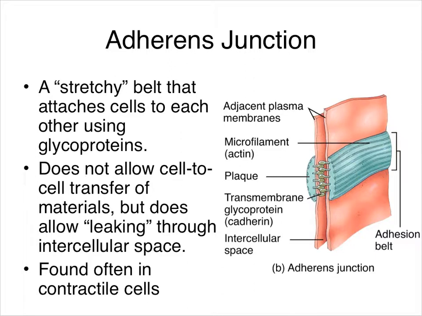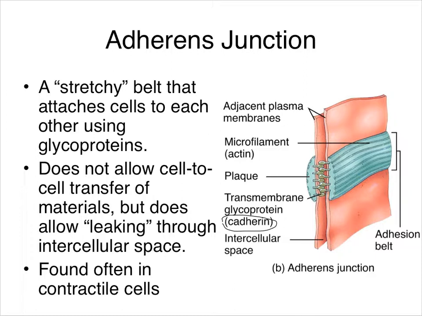The proteins that form the teeth of this zipper are special proteins called cadherins. And remember that, because I'm going to ask you at some point about what proteins make up these things.